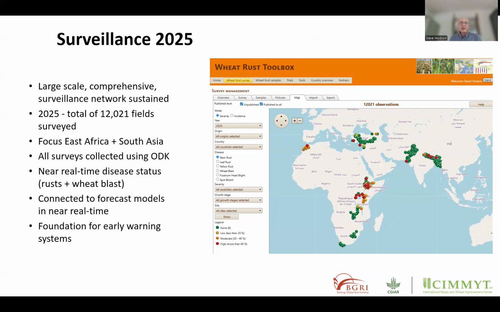All the data is being collected electronically using ODK, so it's real-time data. It's automatically connected to the forecast models being run by Cambridge University and the UK Met Office. So this provides the basis for the early warning systems that we currently have in place.